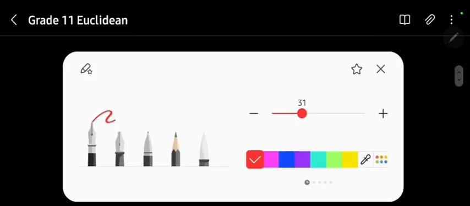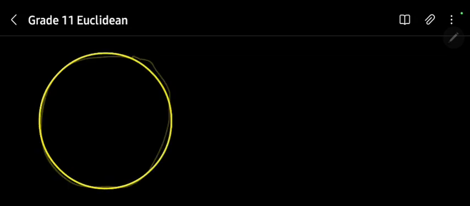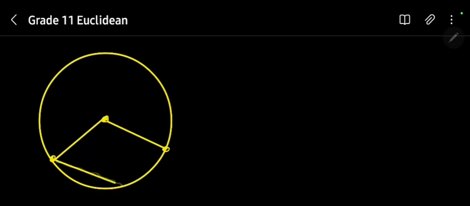Let's say that you had this one, and it looks like this. There is your center, and then you have these 2 lines emanating from the center going to your circumference, and from the circumference they go to a common point on your circumference.